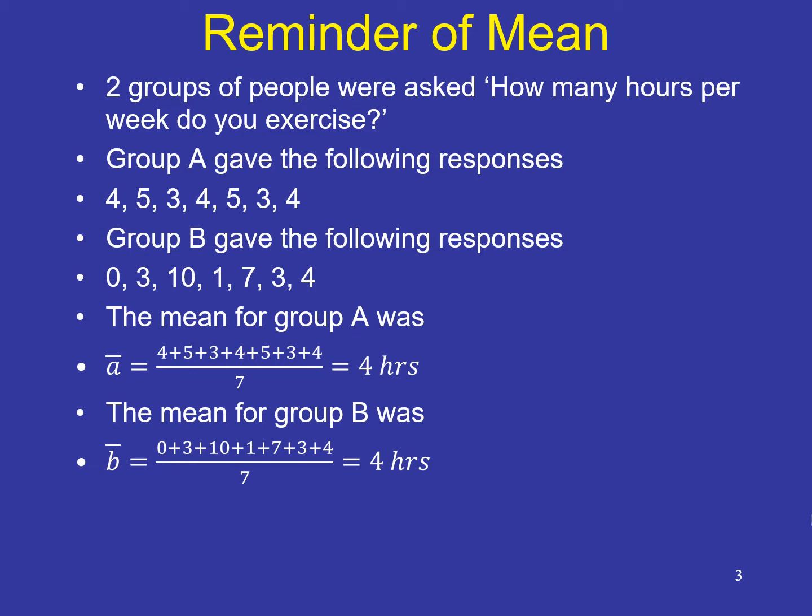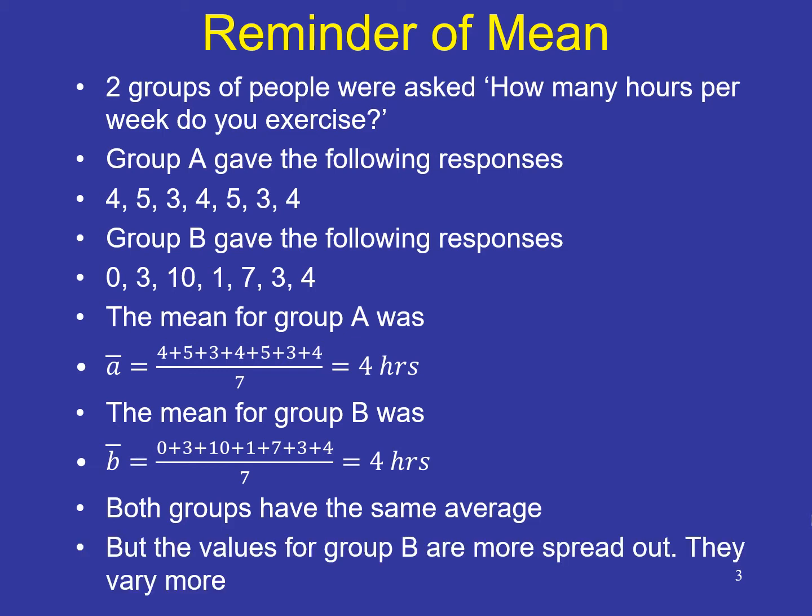So the mean number of hours per week that they exercise is the same for both groups. However, the data don't really look very similar, because if you look at group B, the values are more spread out. They vary more. So as well as calculating an average, it would make sense that we should calculate some measure of how much the data are spread out or how much they vary.